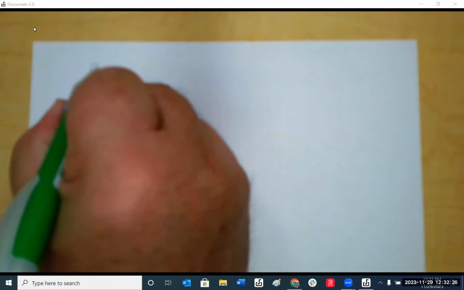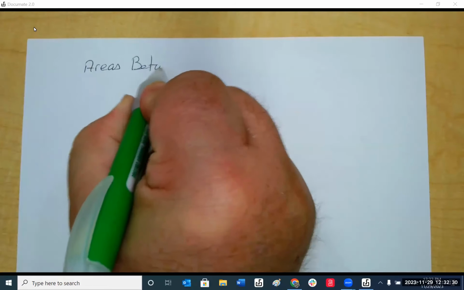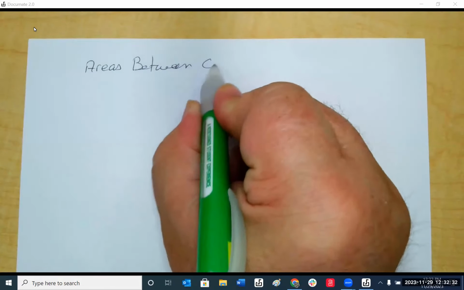All right. Now we get to some useful parts: areas between curves.